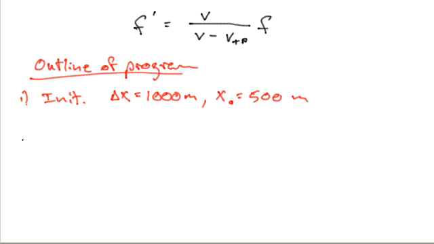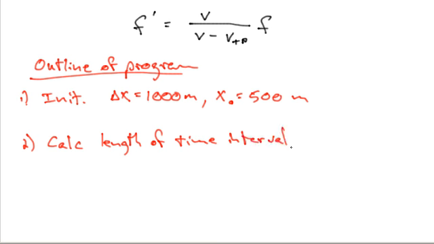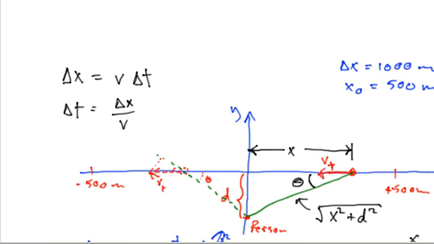Step 2, I'll leave extra room there in case I have to initialize other stuff that I haven't thought of yet. Step 2, calculate the length of the time interval. Rather than referring to an equation, I think it's just as fast to write it down.